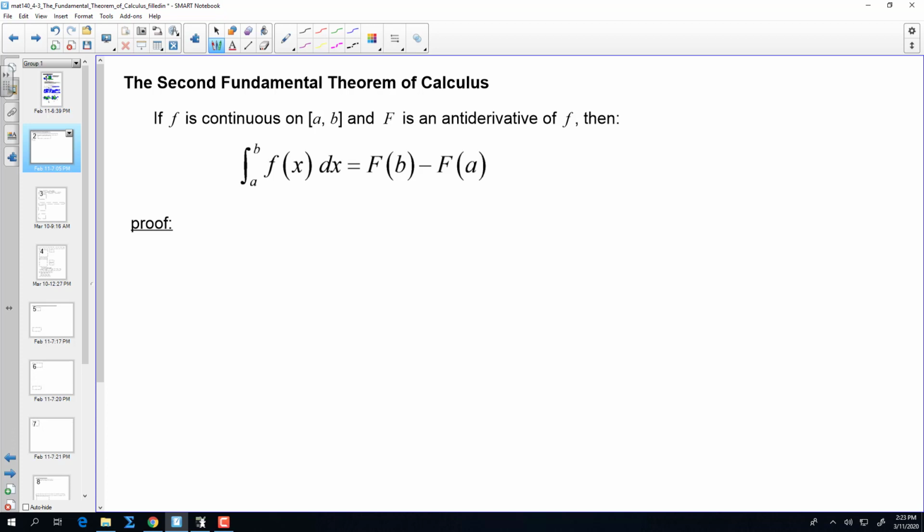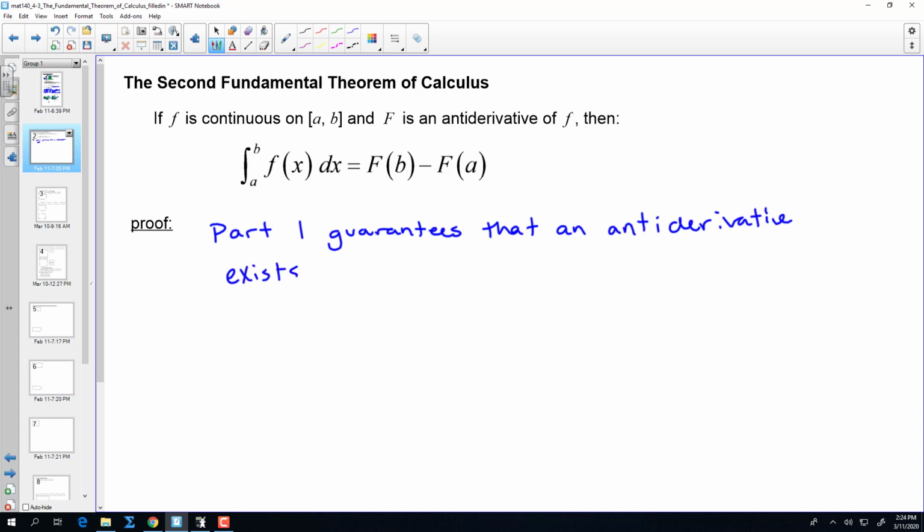All right, so part one of the fundamental theorem guarantees that an antiderivative exists. We have a continuous function.